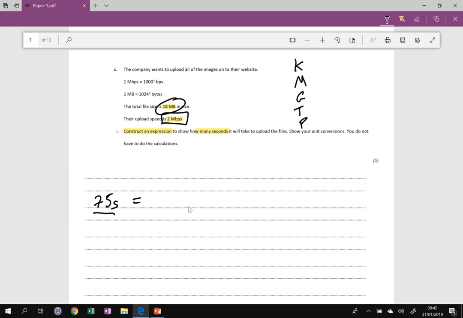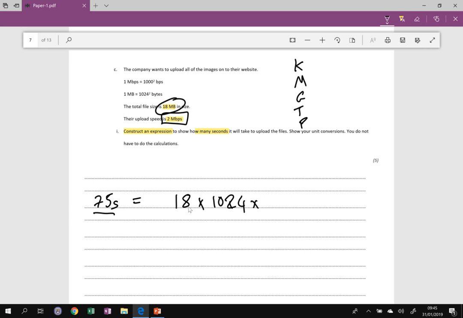So first of all, we need to know how many bits there are in this 18 megabyte file. So we know there's 18 megabytes. We know that each megabyte is a quantity of size, so we're dealing in 1024, not 1000. So 1024 will get to kilobytes.